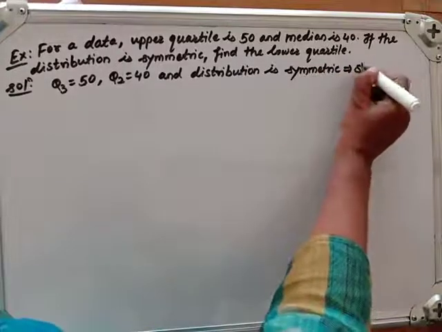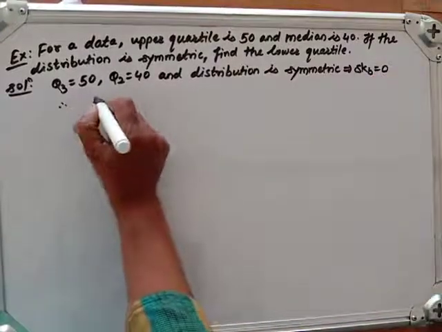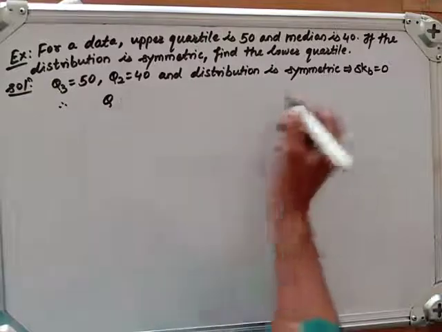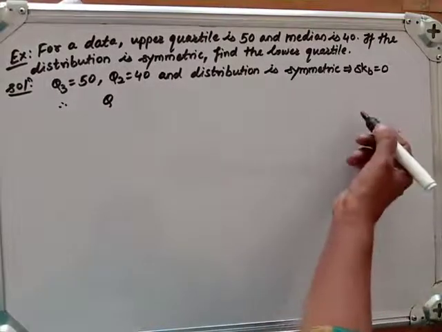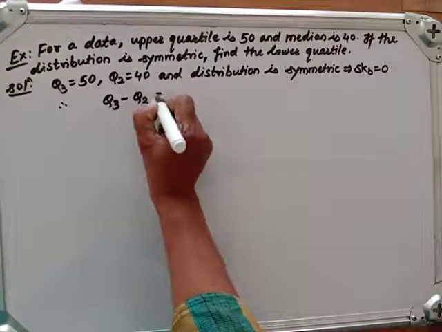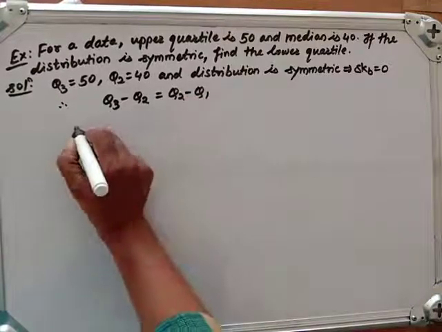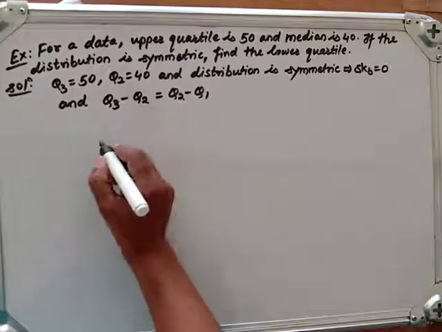SKB is 0. Therefore, as the distribution is symmetric, SKB is 0. From that you can obtain, and also Q3 minus Q2 is the same as Q2 minus Q1.